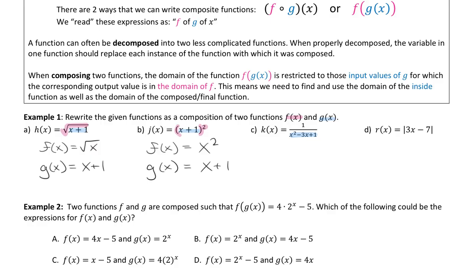Quadratic. That quadratic is plugged into this rational function 1 over x. So we can decompose this into two functions where one of the functions, the outside function, is the rational function 1 over x. And the inside function, g of x, is x squared minus 3x plus 1. I have taken the g of x and I've put it inside of the f of x.